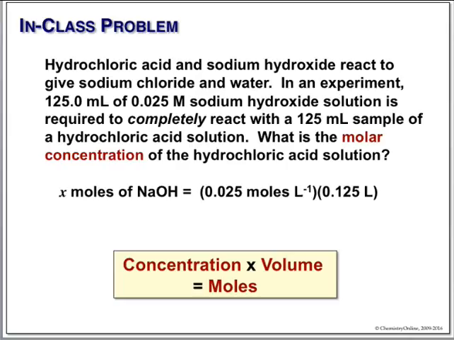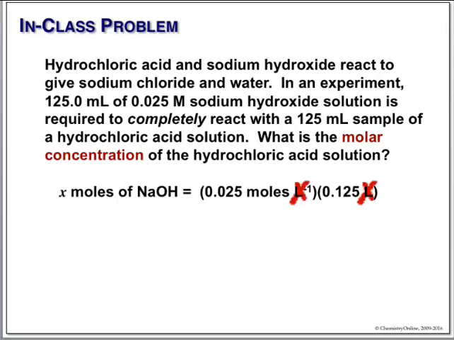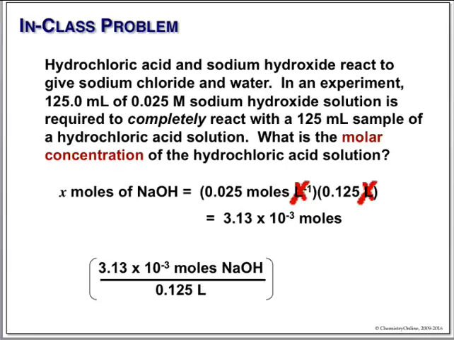All right, we have a concentration here, moles per liter. We have a volume. I converted milliliters to liters. Divide by 1,000. So I simply multiply these together. My liter and per liter will cancel. And I get 3.13 times 10 to the minus 3 moles of sodium hydroxide. Now, turning to the HCl. We know we have 3.13 times 10 to the minus 3 moles of sodium hydroxide.